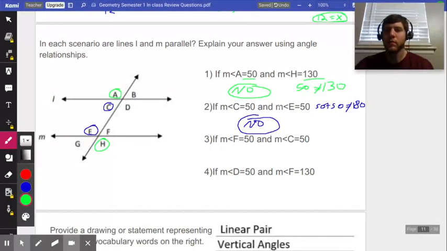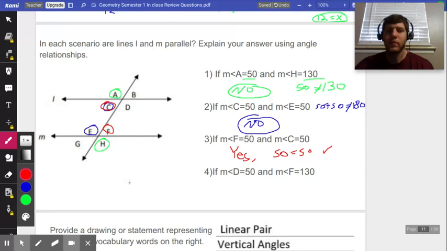This one here, F and C, right? Those are alternate interior. And if the alternate interior angles are congruent, then the lines are parallel. So this one is going to be a yes, right? 50 equals 50.